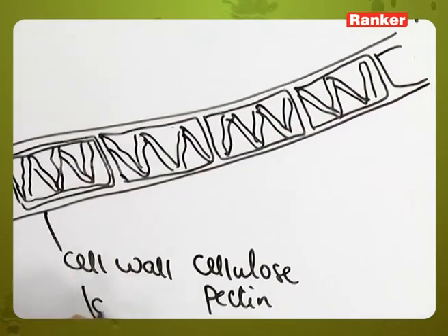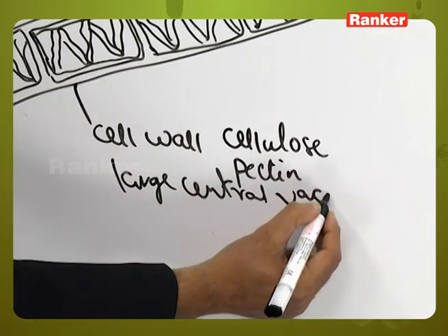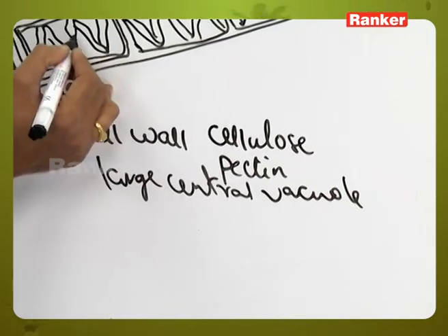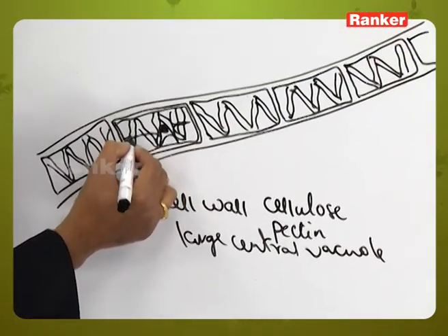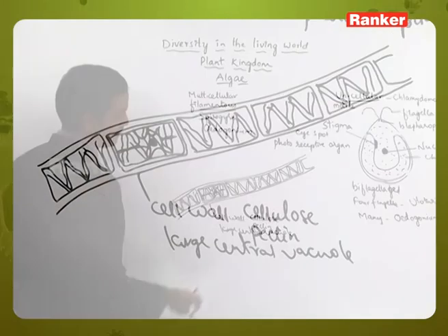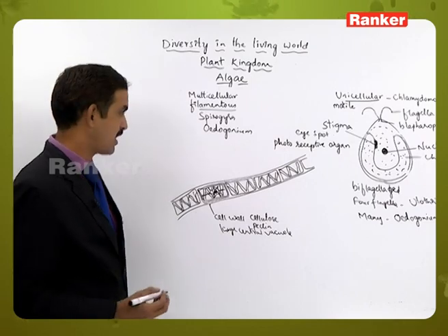And here a large central vacuole is there. In the center of the large central vacuole, the nucleus is suspended with the help of cytoplasmic strands. So this type of organization is present in Spirogyra like examples.